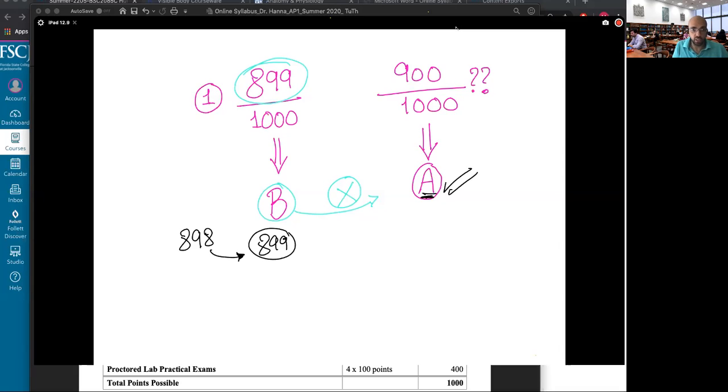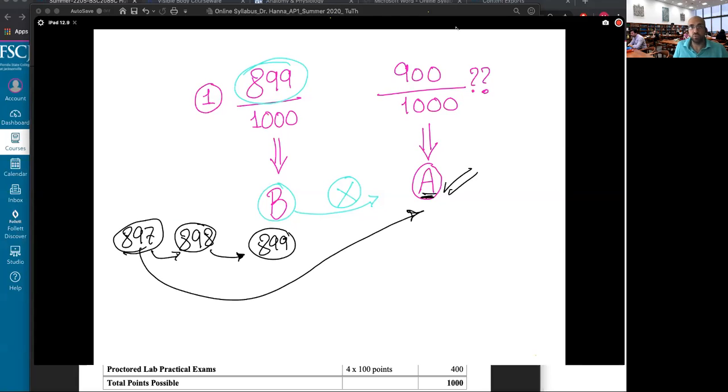And if I rounded up this one as well, another one will come to me with 897 asking why he is just 1 point away from the one that I rounded up, which is 898, and why I don't round up his grade to an A as well.